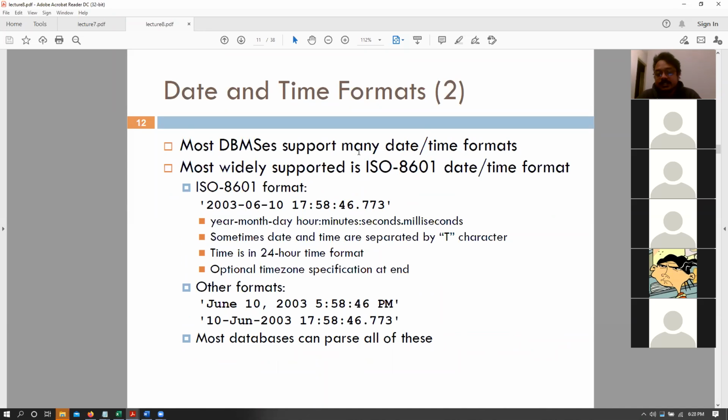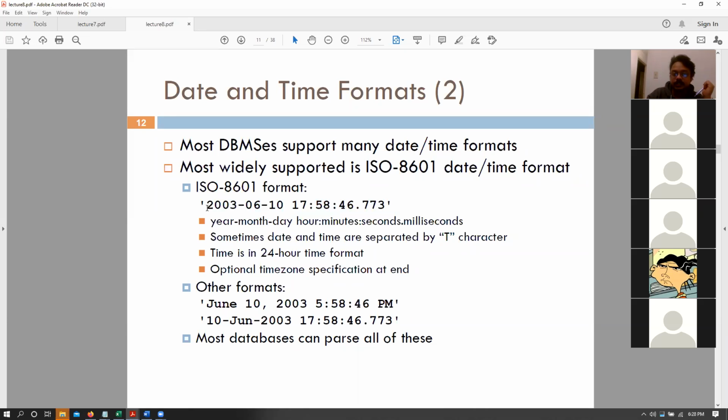All right. So this was the standard that I was talking about earlier. ISO standard 8601 is the standard for dates and times: year followed by month, followed by date, followed by the time. And this is an interesting format, because since this is a string, the reason I like this particular format is that now you can alphabetically sort your tuples and they will be sorted in the order of time, right?